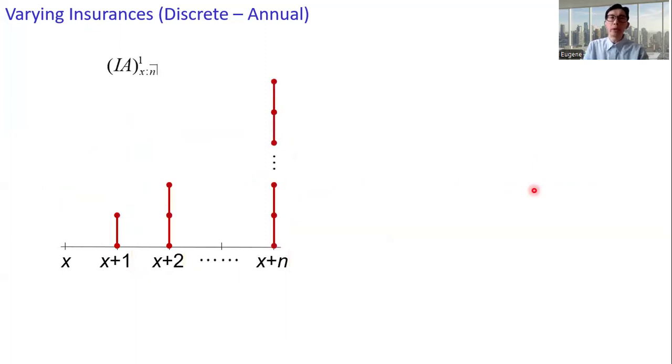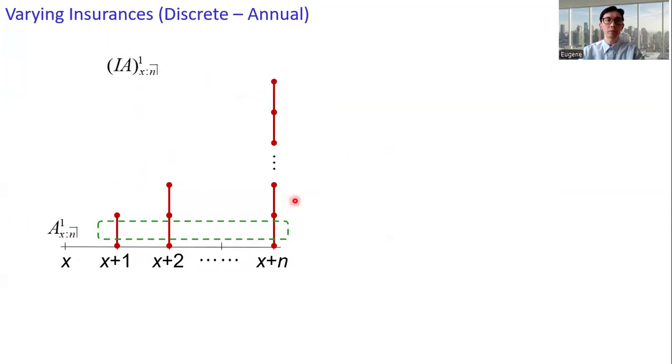Let's establish a recursive formula for increasing and decreasing insurance respectively. For N-year term increasing insurance, we have this death benefit pattern. Consider the bottom part. Take the death benefit of $1 for an N-year term insurance.